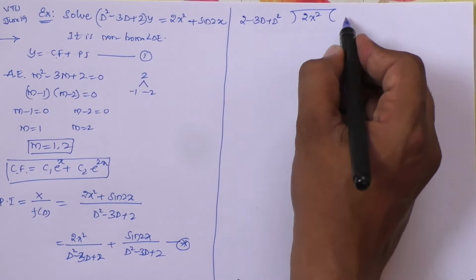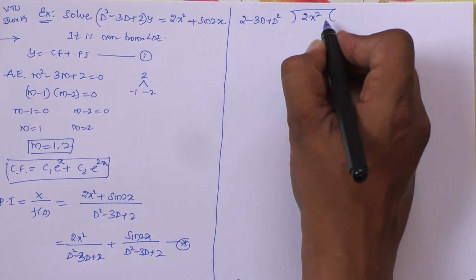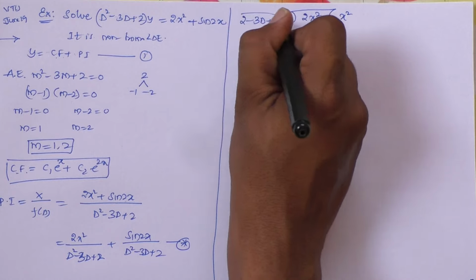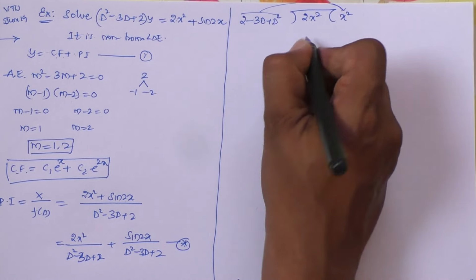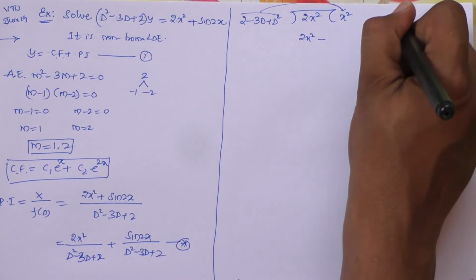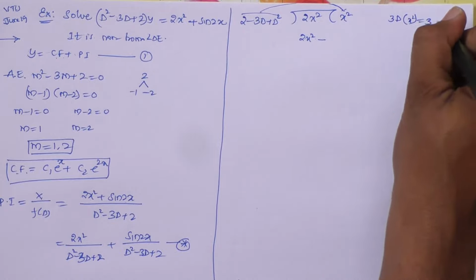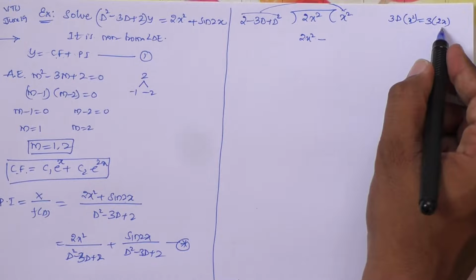Now choose the quotient such that this term is eliminated. 2x square by 2 is x square. So multiply all terms by x square. 2 into x square is 2x square, minus 3D of x square. The differentiation of x square is 2x, so 3 into 2x is 6x.